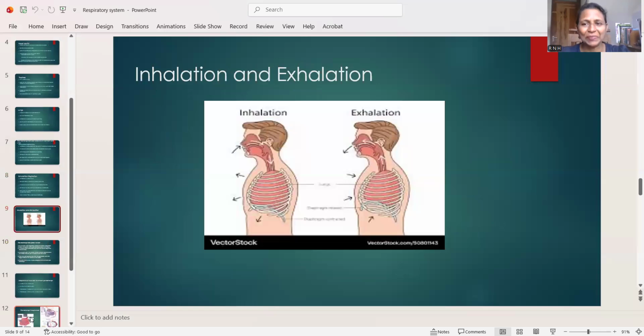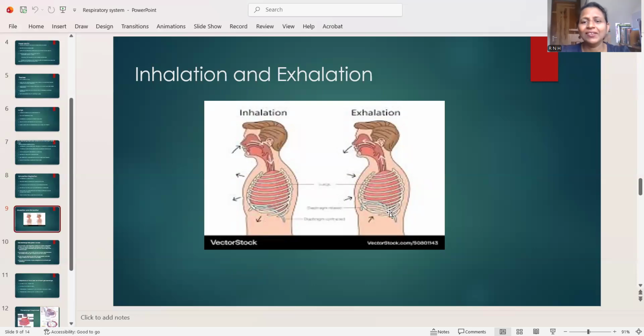In this diagram, you can see clearly how inhalation and exhalation occur. In the first diagram, you can see the diaphragm moves down and the sternum moves forward. So the volume of the thoracic cavity and lungs increases, pressure decreases, so air flows into the lungs.